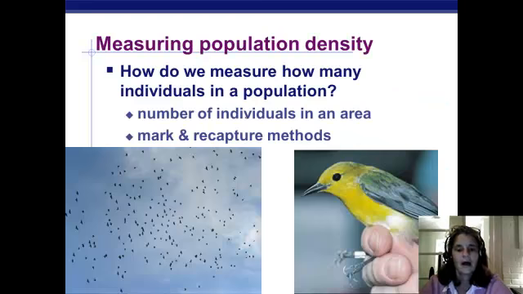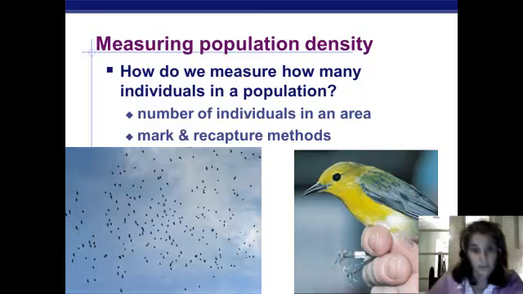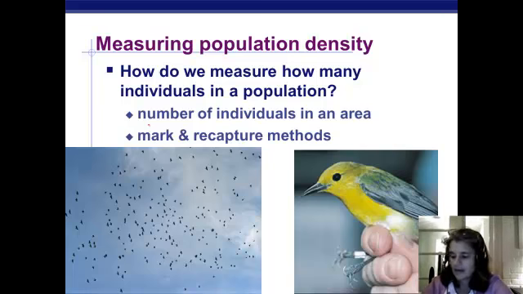So there are ways to measure population density, and I hope we'll get to try one of those out just so you can see how it works. But ways to measure organisms, for example, it's really hard to count them as they fly overhead, but if you can catch a sample, mark the sample, like with a bird band, and then release it, and then come back at a later time, catch, and then see if you are catching any individuals again.